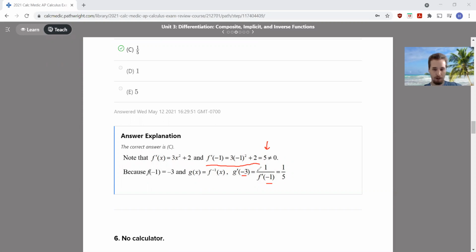So if you want to find the slope of the inverse, you have to take 1 over the slope of the other function. And because the other function's slope was 5, the inverse slope for g is going to be 1 over 5. You just have to make sure that you flip your coordinates.